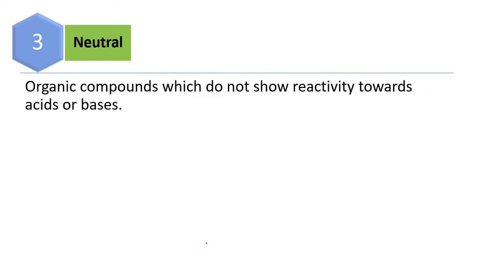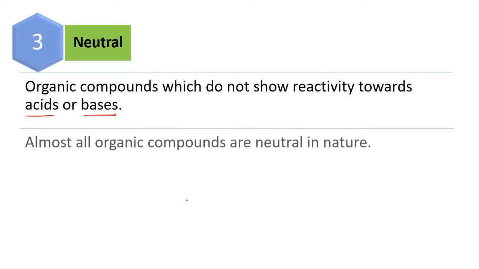The next functional group is neutral. These are compounds which do not show any reactivity towards acids or bases; they do not give protons or accept protons. They are the neutral compounds.